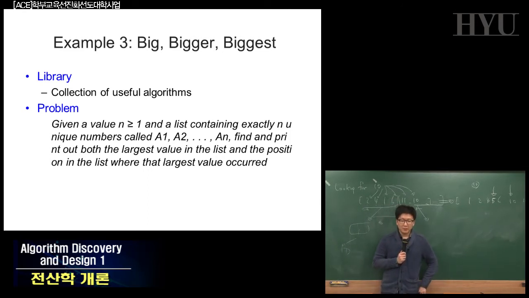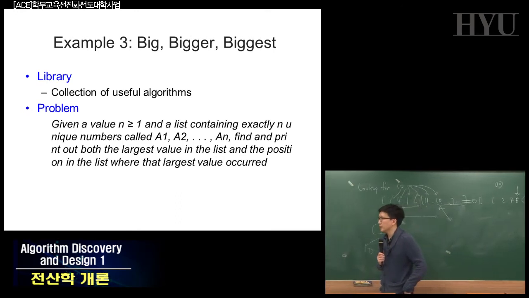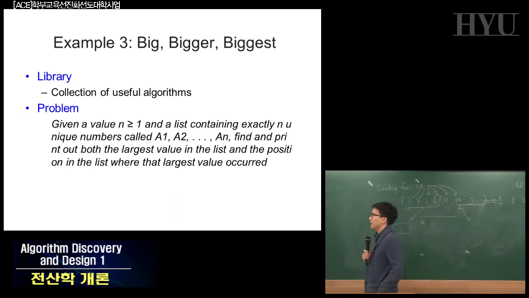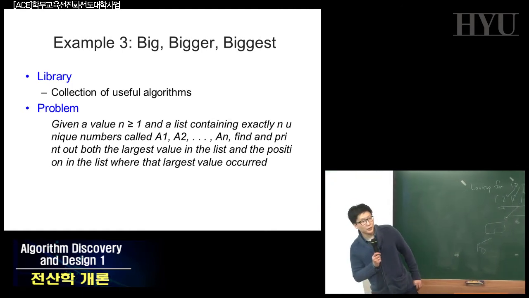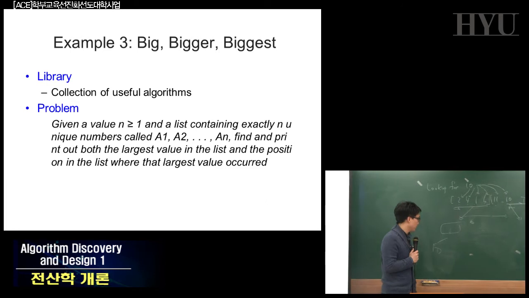So the problem: given a value of n greater than or equal to 1, a list containing exactly n unique numbers. Unique? How do you define unique here?